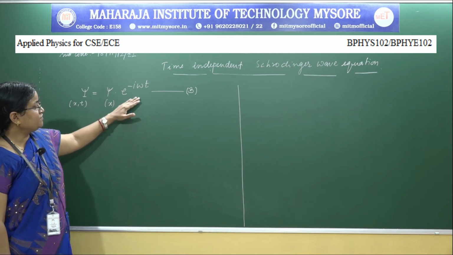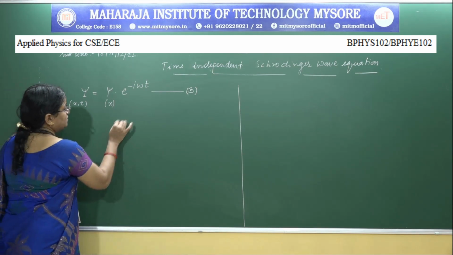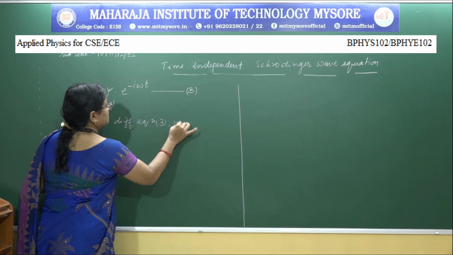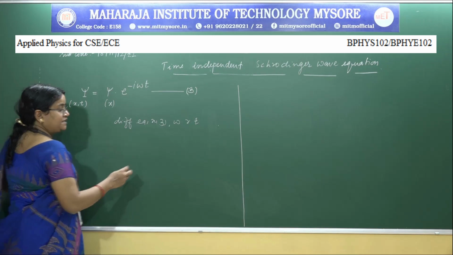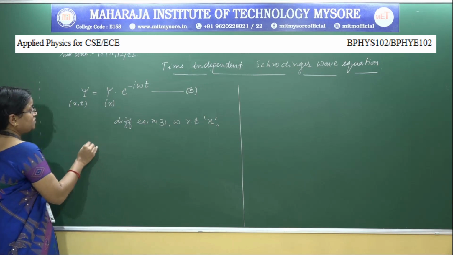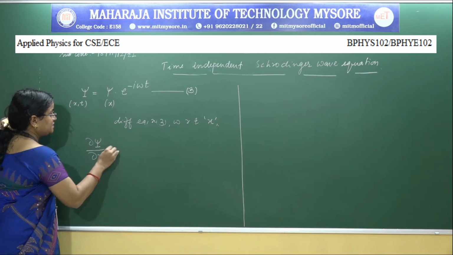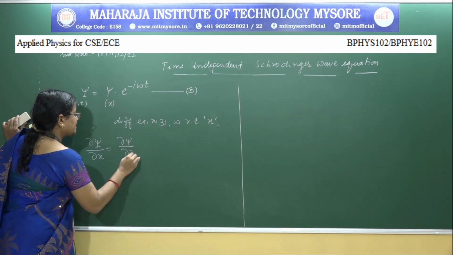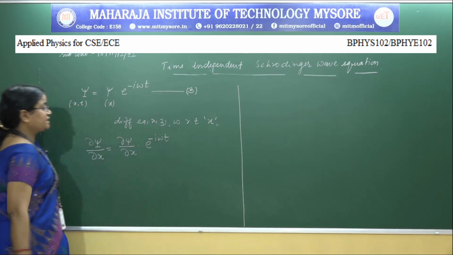First, differentiating equation 3 with respect to x, we get dou psi by dou x is equal to dou psi by dou x exponential of minus i omega t.